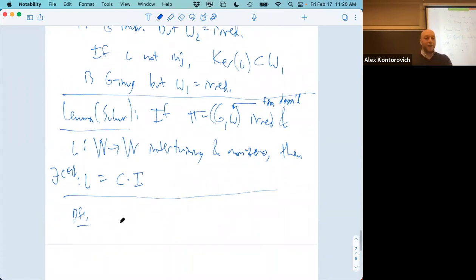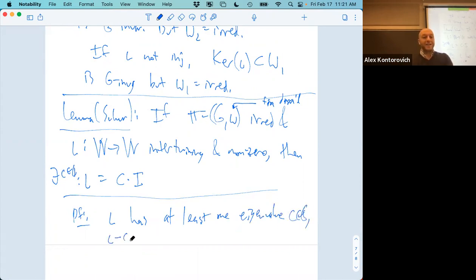Okay, and the proof is, well, I have this iota. Iota is a linear map on a finite dimensional space. So it has at least one eigenvalue, c.